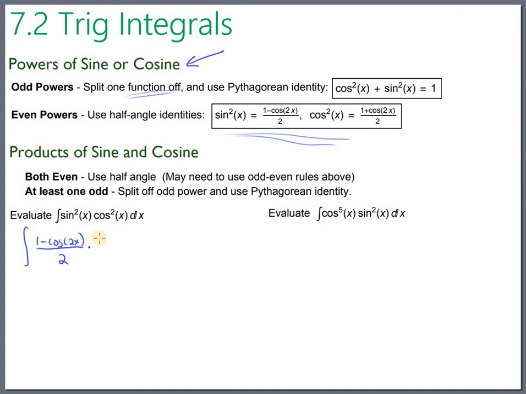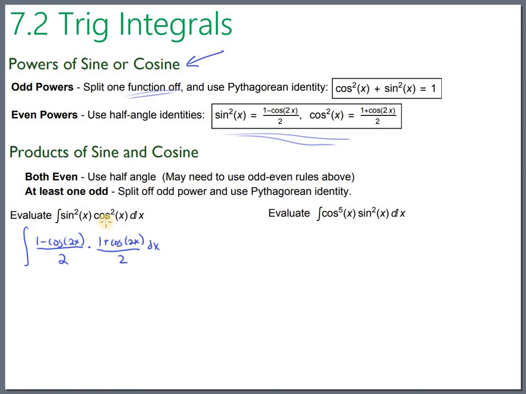And cosine squared is the same thing as 1 plus cosine 2x over 2 dx. Some of my trig students remember these as sinus minus and cosinus no minus, if that helps.